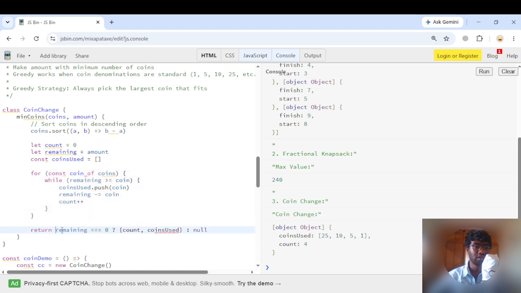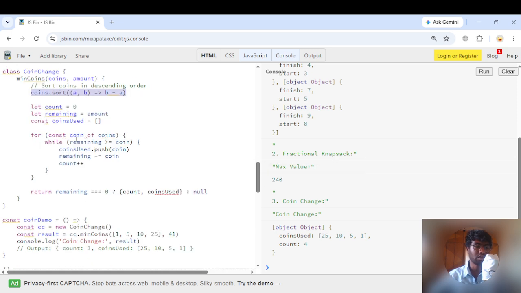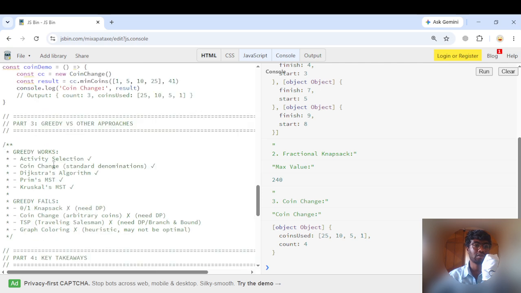If remaining is equal to 0, then we give out the count of coins that we exchanged and the coins used that we pushed into this array. As you see, the coins are sorted in descending order, the biggest coins placed first and then the smallest ones, so that we can use the largest coin as a greedy approach. That's a simple explanation.